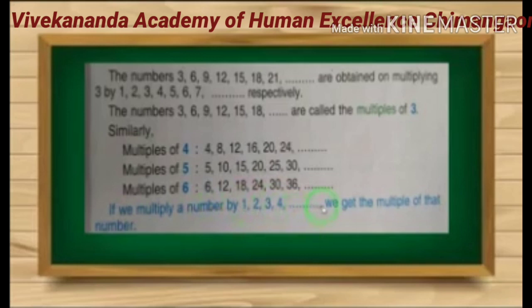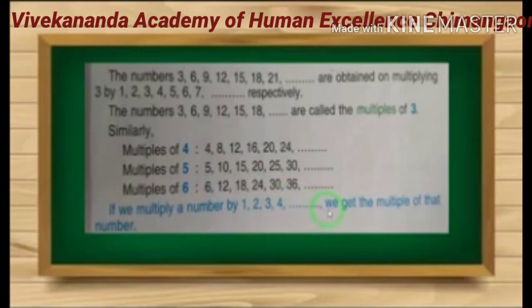So if we multiply a number by 1, 2, 3, 4 and so on. Here, 'and so on' means we can multiply a given number by 1, 2, 3, 4, 5, 6, 7, 8, 10, 100, 200. The dots mean we can continuously multiply the number.